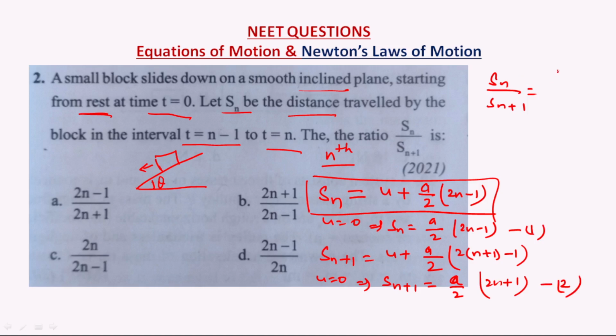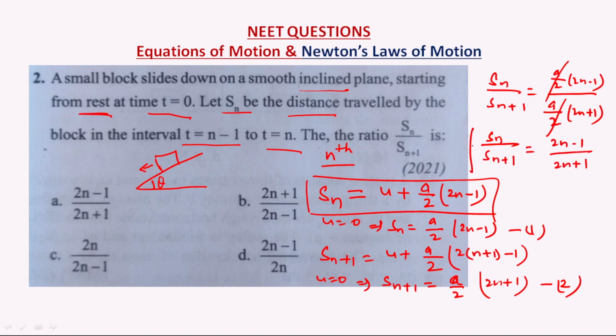So a by 2 (2n minus 1) divided by a by 2 (2n plus 1). So a by 2 got cancelled. So we got Sn by Sn plus 1 is equal to (2n minus 1) by (2n plus 1). So the answer is A.